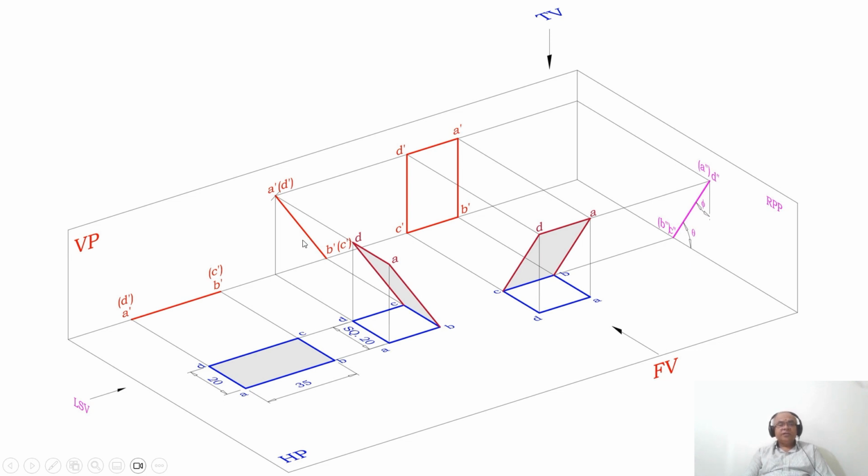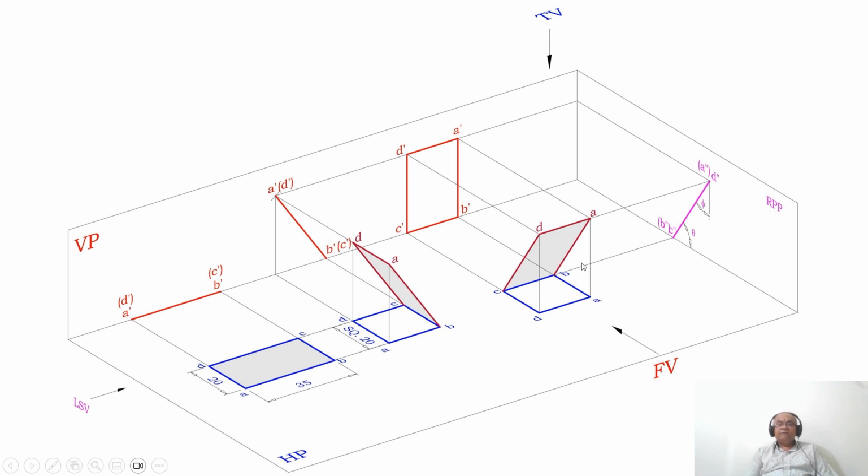But here you can see only the inclination with respect to HP; you will not be able to see the inclination with respect to VP. So why am I taking the profile view? Because he has asked to find the surface inclination with respect to both HP and VP. The surface inclination with respect to both HP and VP will be visible only in the profile view.